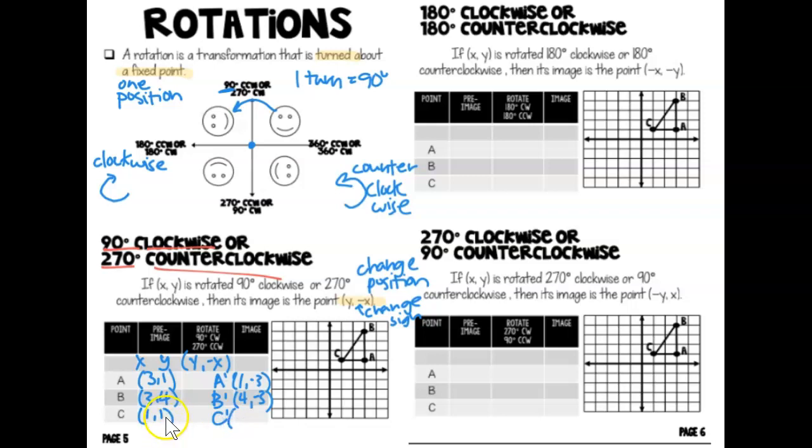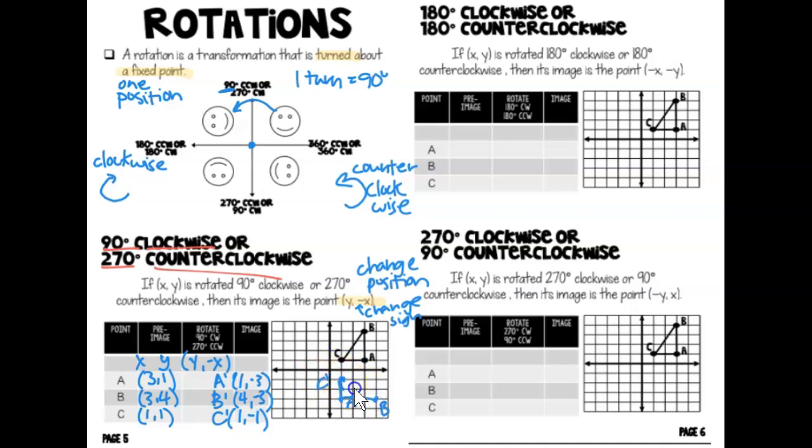And C, y is 1, change the sign of x, -1. So I would be at (1, -3), (4, -3), and (1, -1).